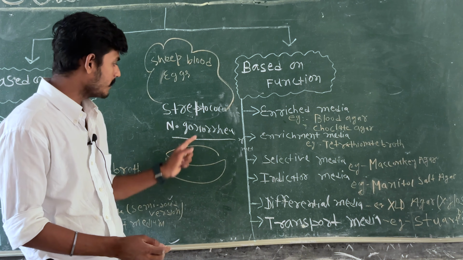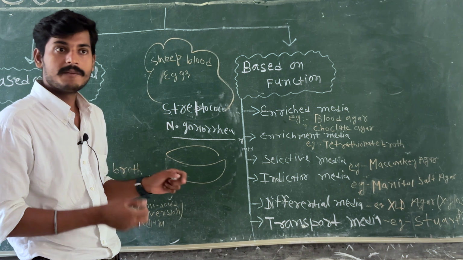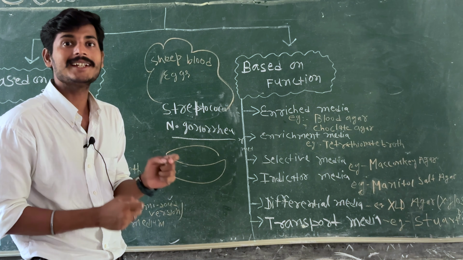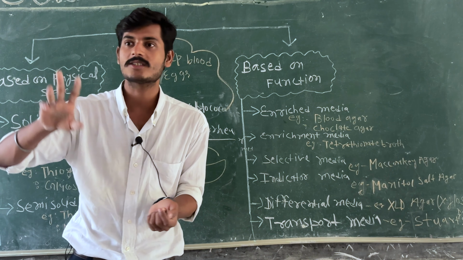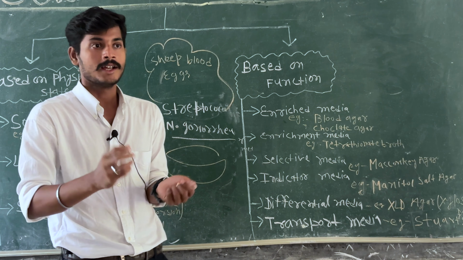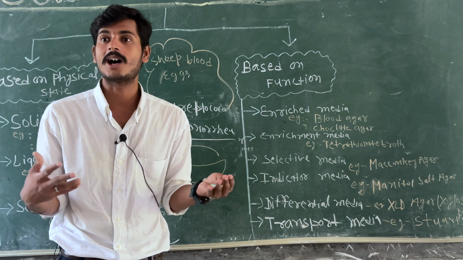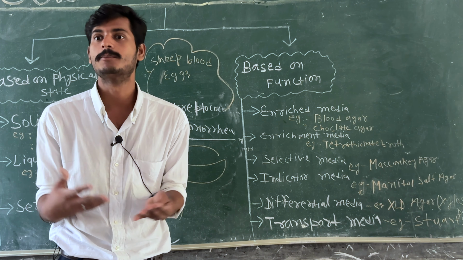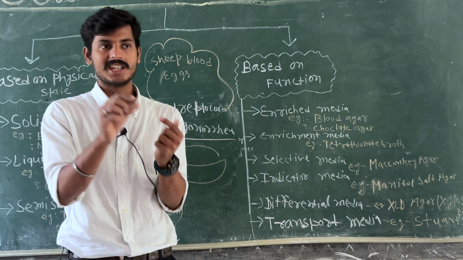The thing is, when we give this gonorrhea bacteria here, they will start hemolyzing the blood. Hemolyzing means, you know that in any organism's blood there is a presence of hemoglobin. When this bacteria start growing, they will break down the hemoglobin. That is called hemolysis. Lysis means breakdown, hemo means blood.